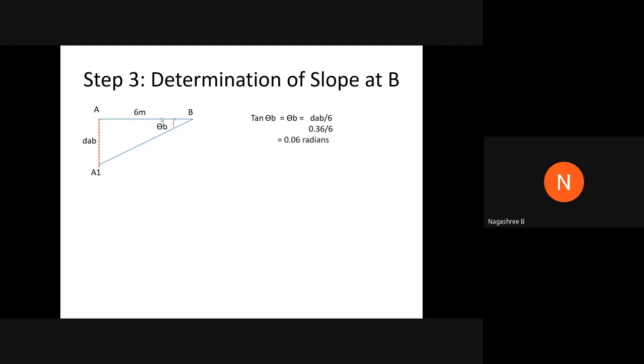So I'll get the value as 0.06 radians. And remember, the value of slope in the moment area method will be in terms of radians itself. It is not in terms of degrees.